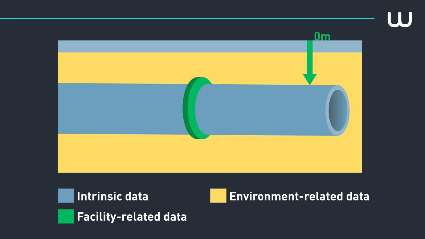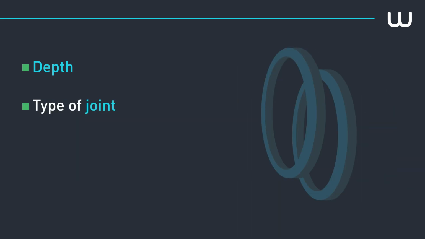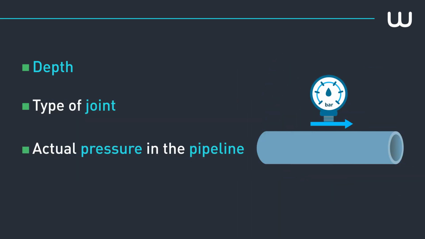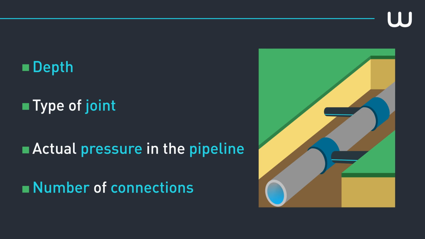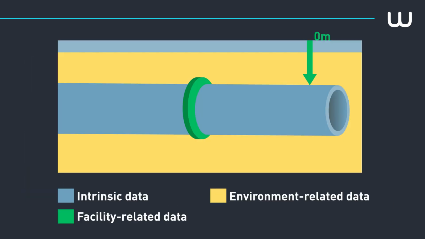It's therefore necessary to go even further in terms of data collection to include data concerning the facility, such as depth, the type of joint, actual pressure in the pipeline, and the number of connections, as well as any other data which seems relevant.